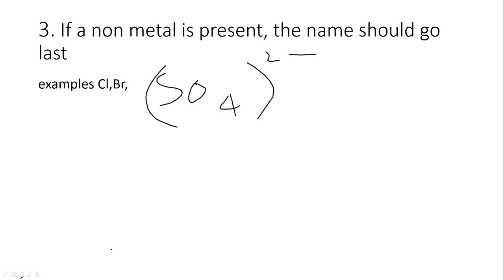Now, don't mind this, I just included it later. If a non-metal is present, the name should go last. Examples of these non-metals include chlorine, bromine, and sulfates. This is the sulfate ion. They are all non-metals, regardless of being in their compound form or in their elemental form. This is an important rule.